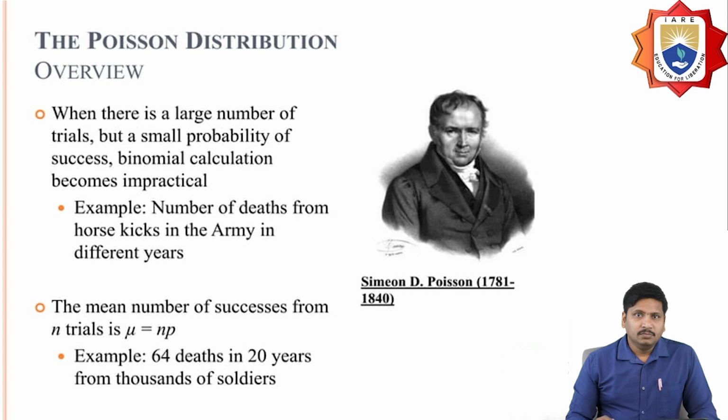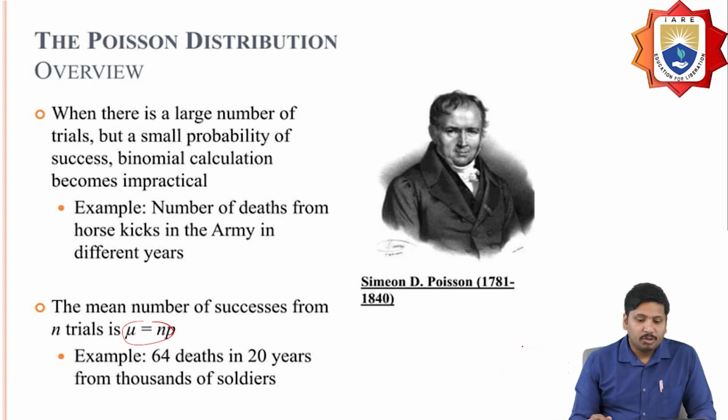The mean number of successes in n trials is given by np. For example, 64 deaths in 20 years from thousands of soldiers. So that should be the problem here.